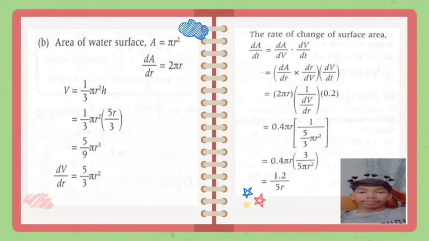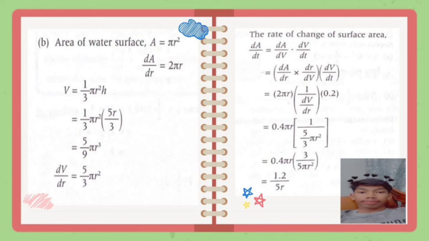Alright, we already have dA over dr and dr over dv. So we need to multiply them to get dA over dv. The working is dA over dv equal to 2 pi r times 3 over 5 pi r squared, and we will get 6 over 5r.